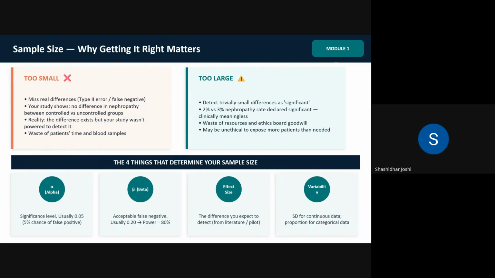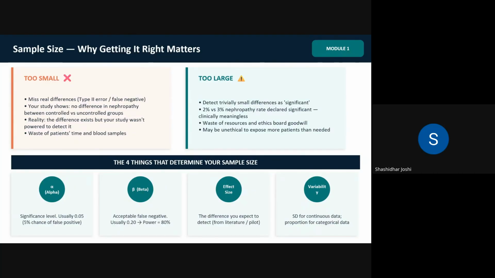Look at the two small boxes in the upper left corner. It says missing the real difference. Basically what you're proving here is that you are saying there is no difference between two groups, but actually there is a difference.